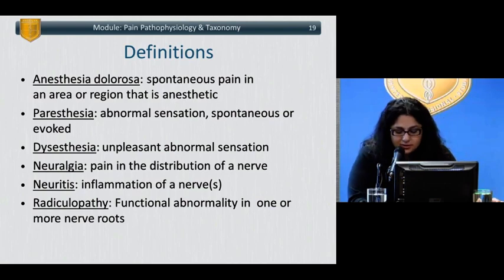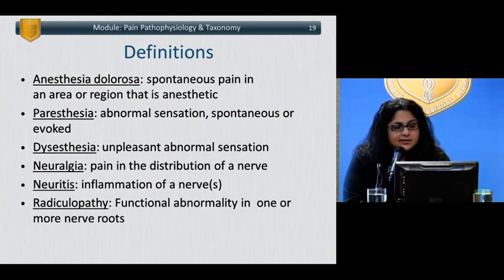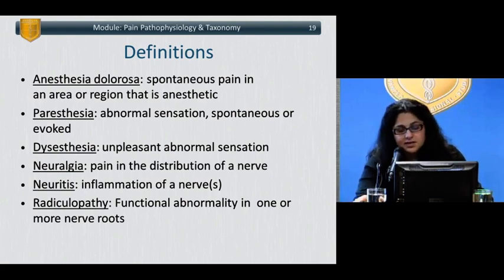Some other terms that you may hear when talking about pain pathophysiology and etiologies: anesthesia dolorosa, as we mentioned before. It's pain that occurs in an area that's anesthetized. An example of that is a patient who might be paraplegic, who has complete sensory and motor loss, yet they still feel this ongoing burning sensation in their lower extremities.